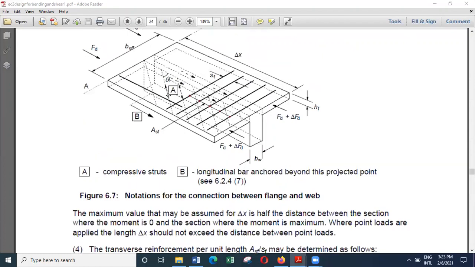So here you can see the flange also carries some force, and as the bending moment is varying, the force in the flange will increase.